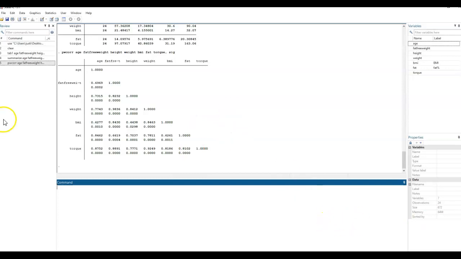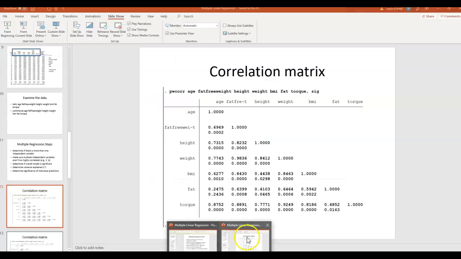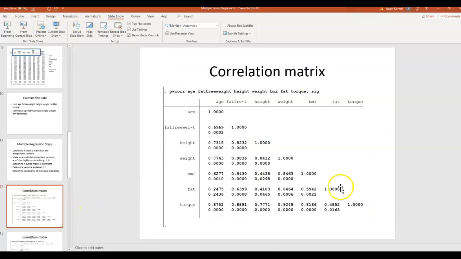Really focus on this. This is our correlation coefficient. This is our p-value, which tells us if it's significant or not. And this tells us the strength and the direction of the correlation. Let's go back to the slideshow. This is just what we're seeing here, so we want to take a look at this and examine the data.